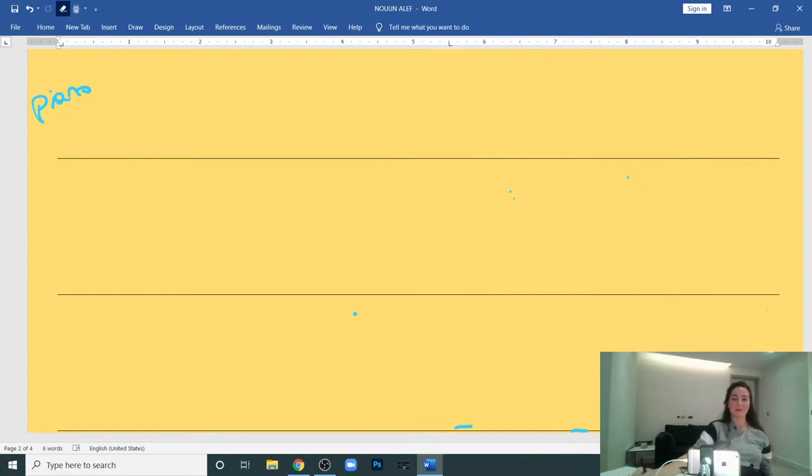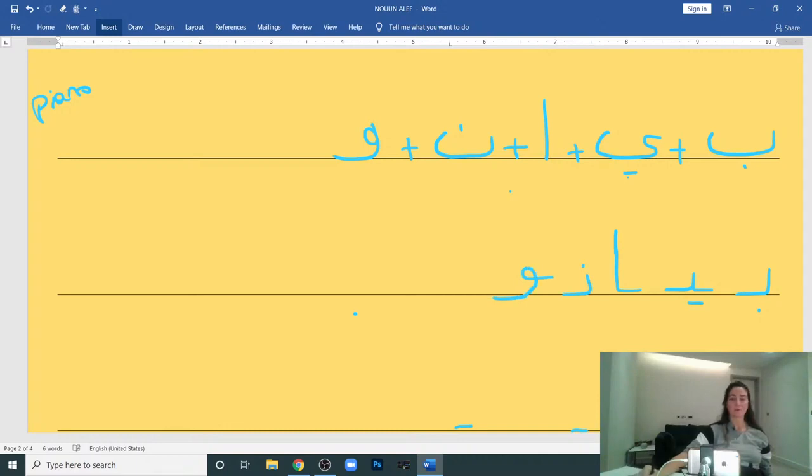So we have a ba for the P, the equivalent of the P, B, Y, A plus noon plus Waaw, B, Y, Alef, Noon, Waaw, which will be initial, middle, middle, middle without a tail because it's followed by a star letter. So it will be like this. And then the Waaw. Now I join them.